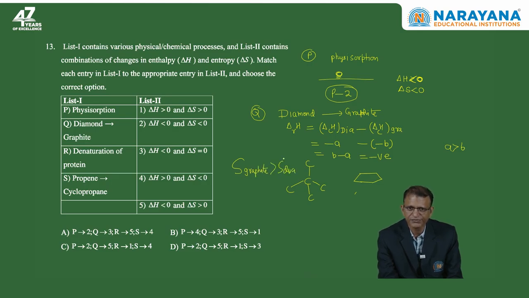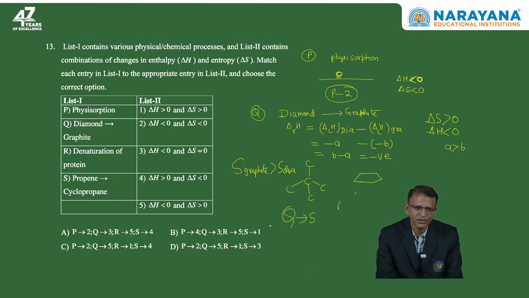So if diamond is converted into graphite, the entropy change for this process is going to be positive. So entropy change is positive and enthalpy change is negative. If we look for delta S positive and delta H negative, we get this fifth option. So Q should be matched with 5.